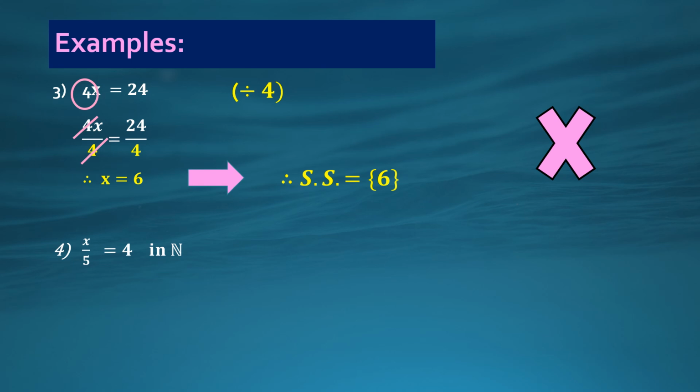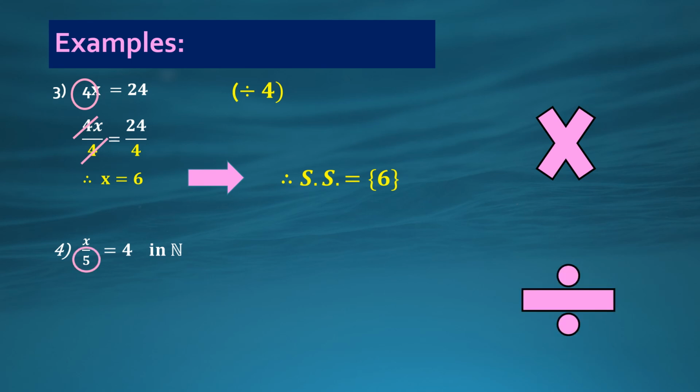In number 4 here, we have x over 5 equals 4, and you have to find the solution set in N by using the golden rule. Here we have x divided by a number. That means you will use the opposite operation: the opposite of dividing is multiplying.